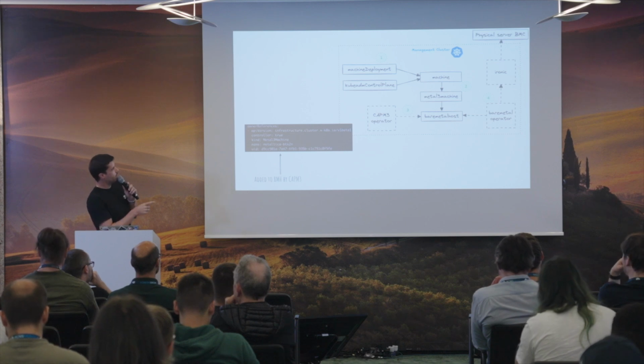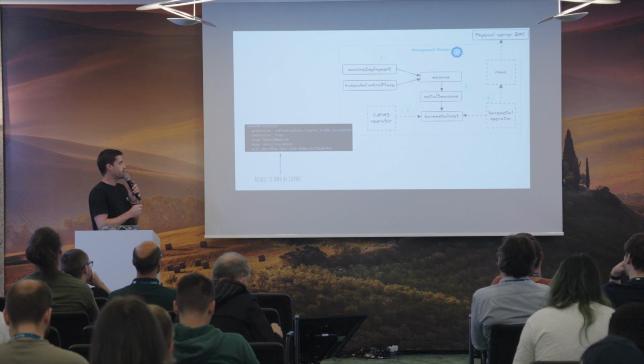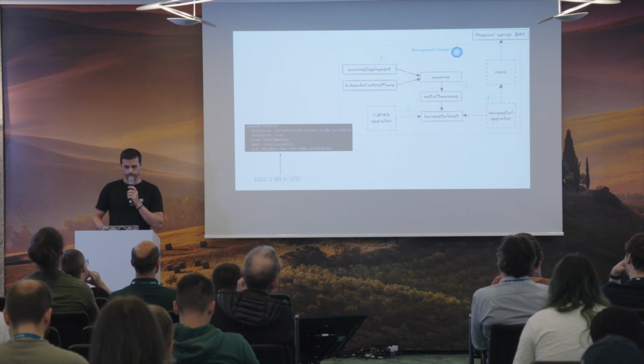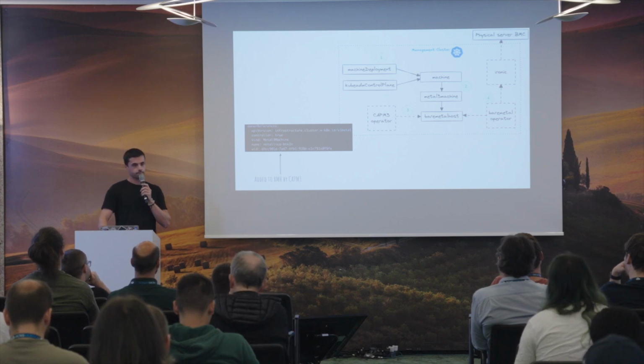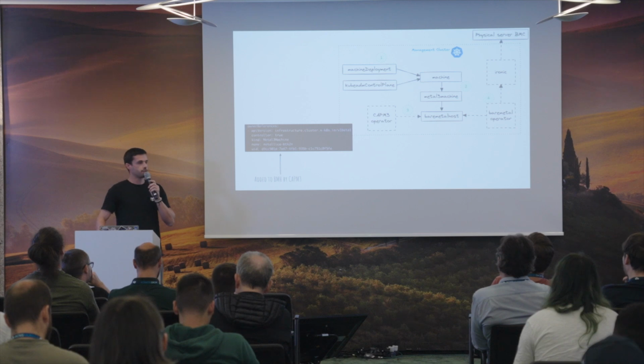And if we look at our bare metal host CR after that operation, we'll see that we have an owner reference to our Metal³ machine, so that we know that this bare metal host is currently being consumed by this specific Metal³ machine.